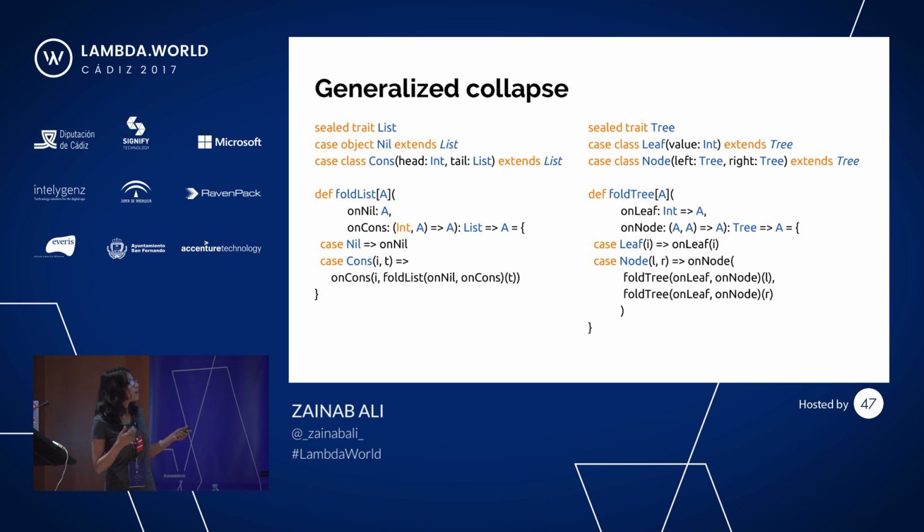But that's quite difficult to do, just looking at this. And the reason being is that list and tree have different shapes. Over here, I've got an integer, and over here, I've got a tree. And the nil case is different as well. And I can have other recursive data structures, and they can have more than 2 cases. If you've ever seen an expression tree, that will have several different cases.